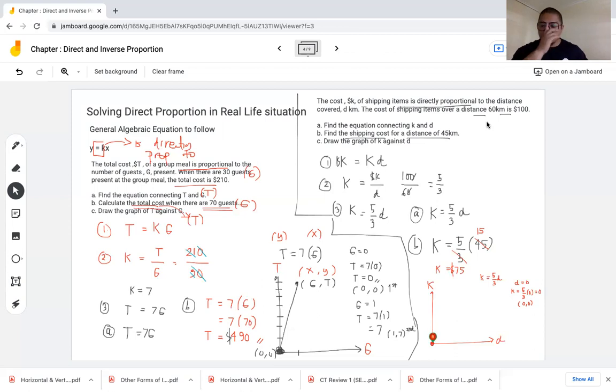Okay. And then for us to get an exact value for the K, what we need to do is to think of a certain value for the D that could be canceled with the denominator.